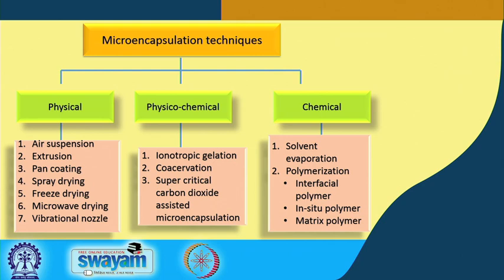Now, in today's lecture, we will study the chemical methods of microencapsulation, like solvent evaporation and polymerization, and later, after discussing these chemical methods, we will talk about the applications of this technology in food processing or in different food products.